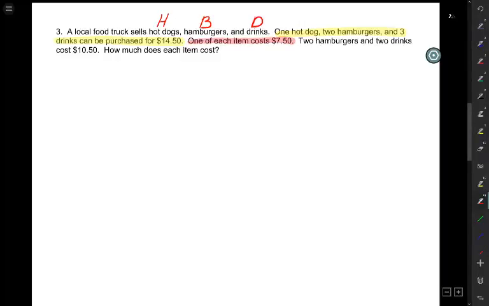What that means, Greg, is I go up to the stand and I say, hey, I'll have a hamburger, a hot dog, and a drink. That doesn't mean each one costs $7.50. And then the third situation, I guess I can underline here, 2 hamburgers and 2 drinks cost $10.50. So are you going to be able to create 3 equations there with H, B, and D?